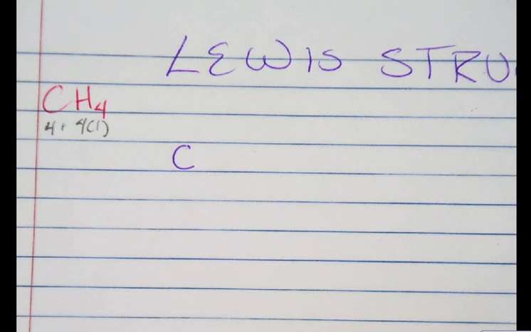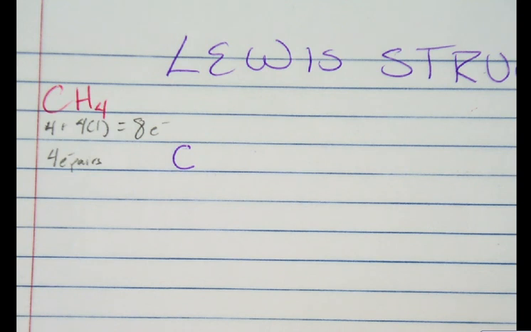4 plus 4 means we have 8 valence electrons to play with. How many pairs is that? We take 8 and divide by 2, and we find that we have 4 electron pairs. Next, we add the terminal atoms.